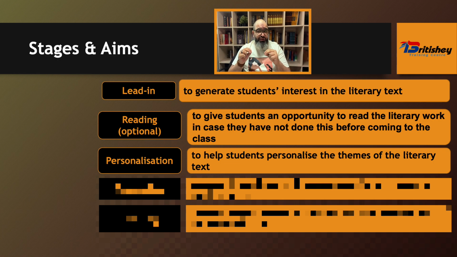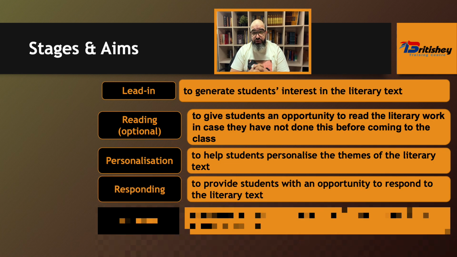And in the responding stage, we get students to respond to different parts of the text. And then finally, we come to the speaking stage. And in this stage, we're going to get students to express their feelings about the issues in the text and to exchange their opinions about them.